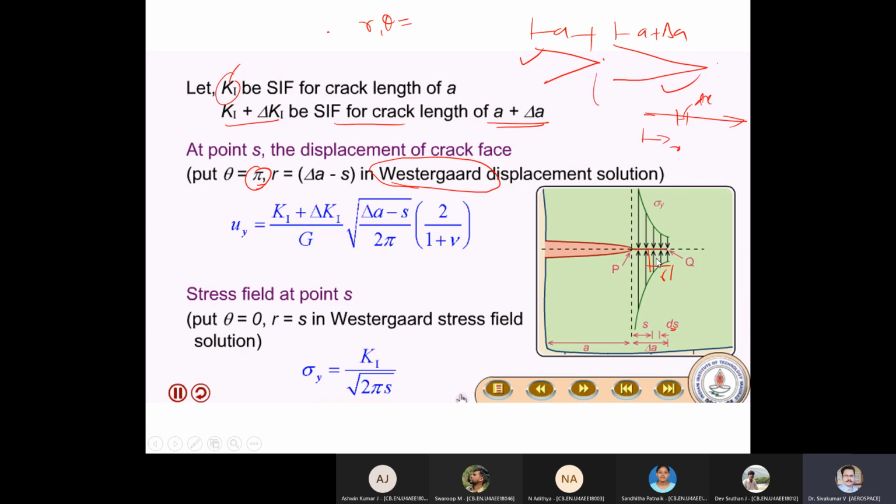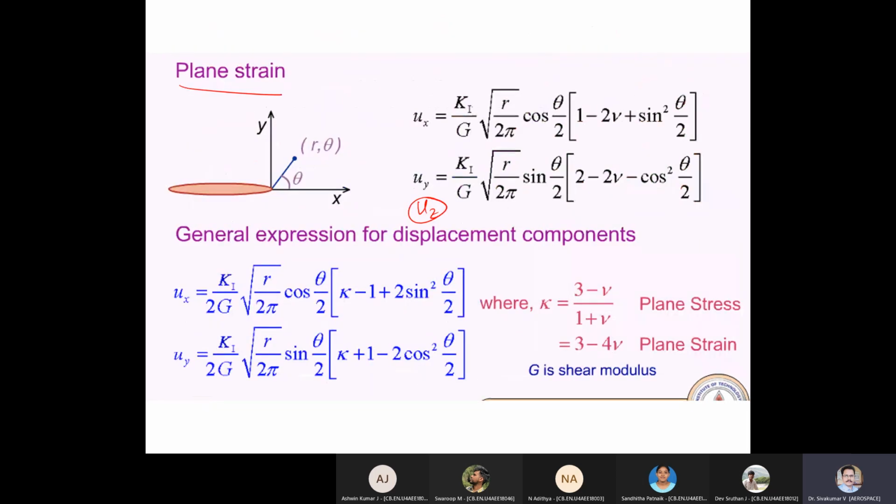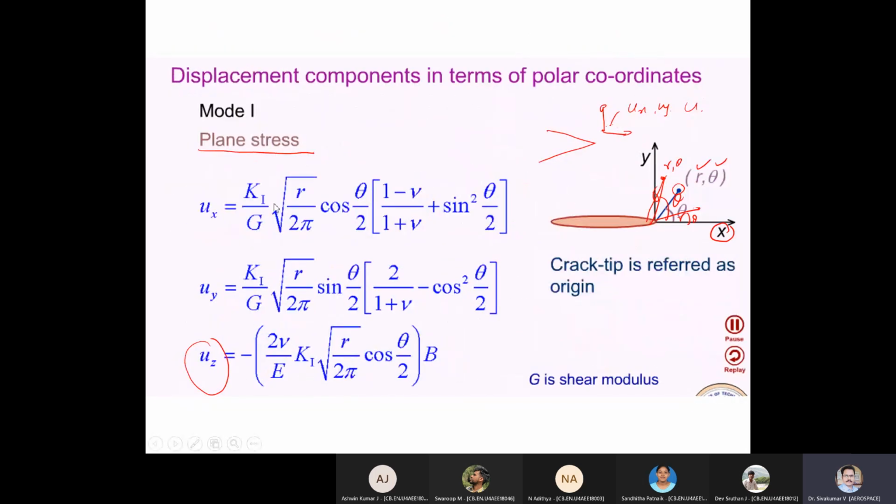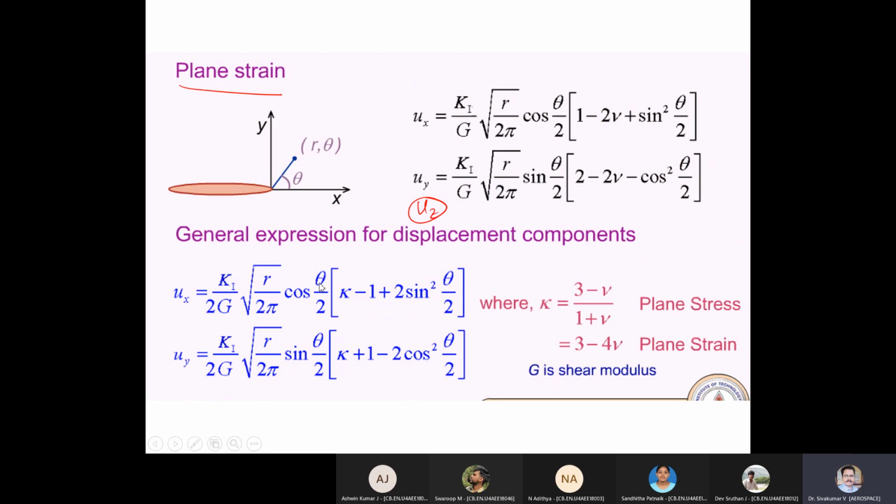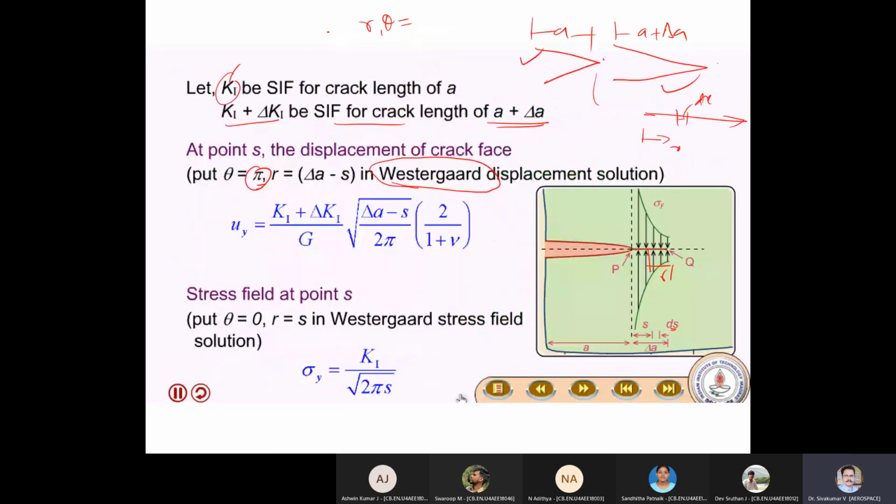For that I need R and theta. R is delta A minus S, and theta is pi. I hope you're all clear. If you have any doubt, you can stop me and ask. So simply substituting this R and theta value in my original plane stress equation, K1 by G or something, I'm getting this value.